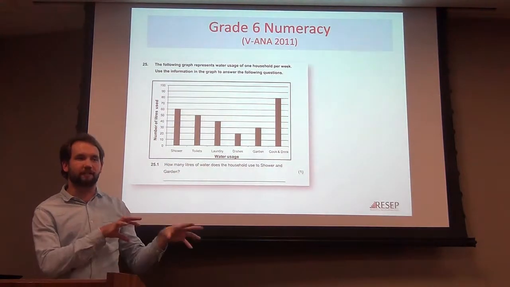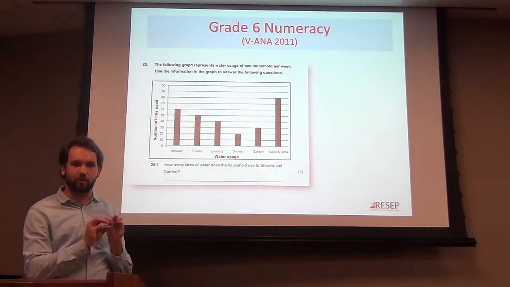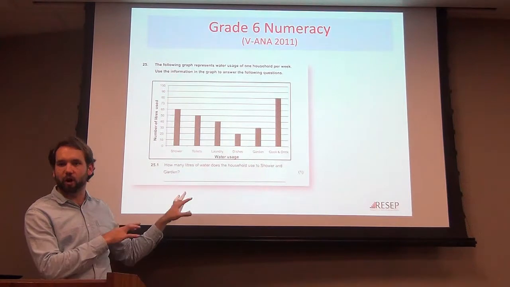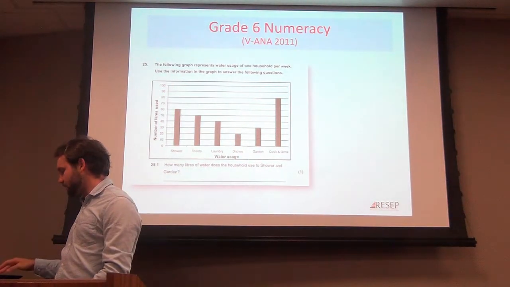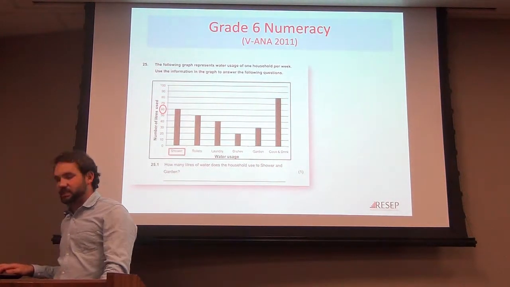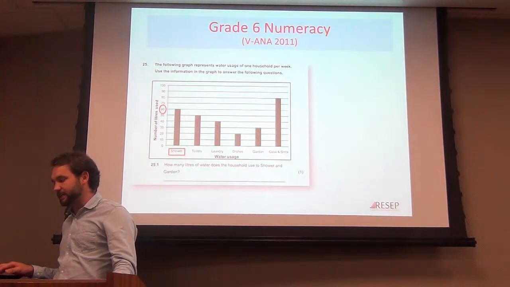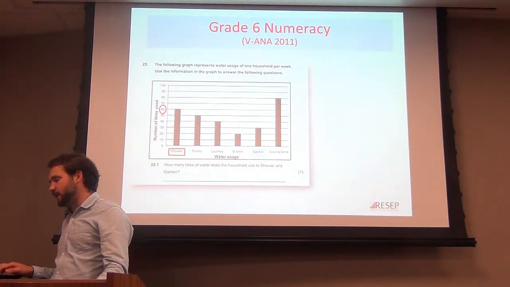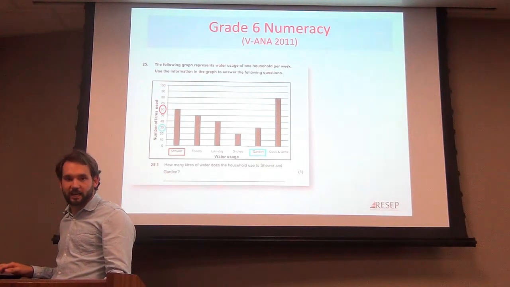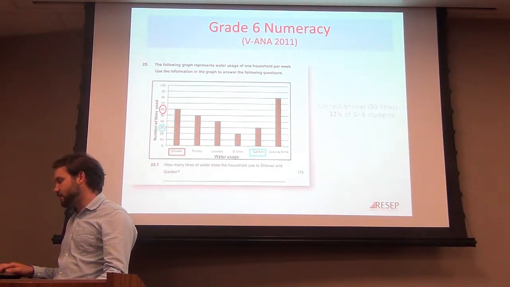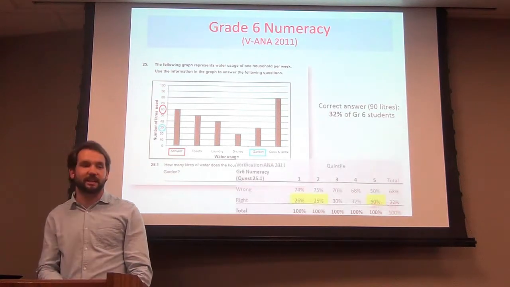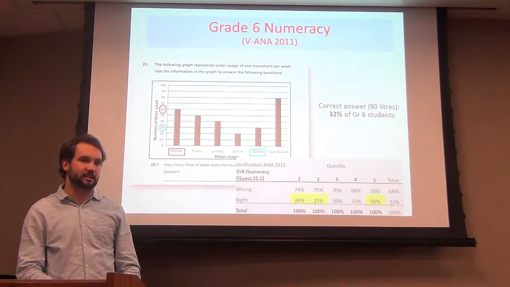It's a simple graphical interpretation where you extract one piece of data from a graph, well within the grade 6 curriculum. They would have to identify that the shower bar uses 60 liters, the gardening bar uses 30 liters, add the two together, 90 liters. But less than a third of students can get that right in grade 6.